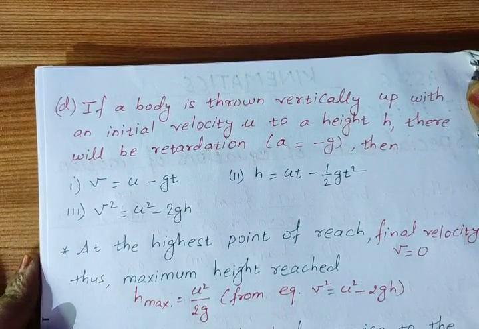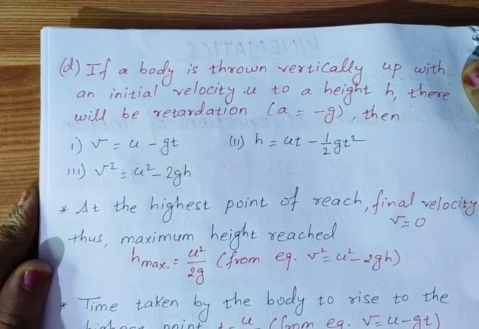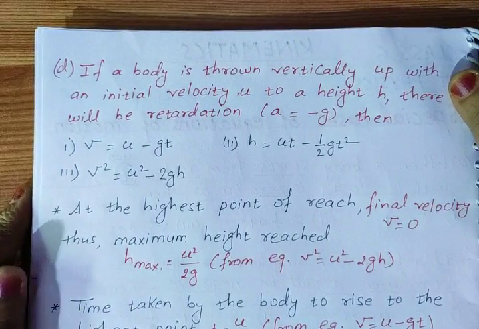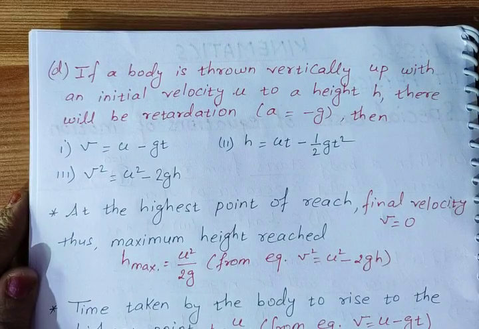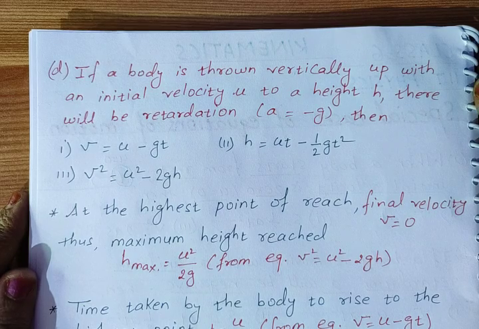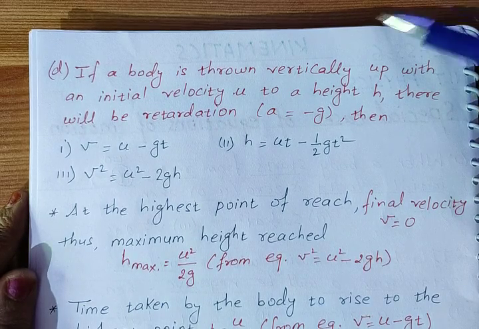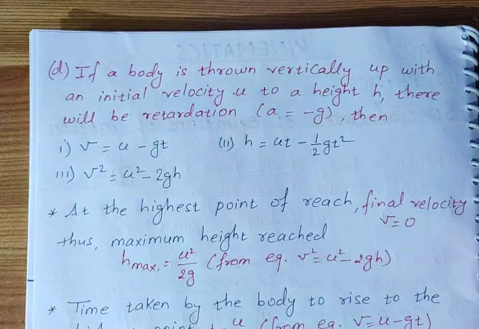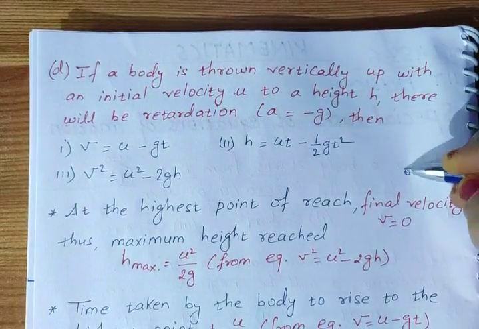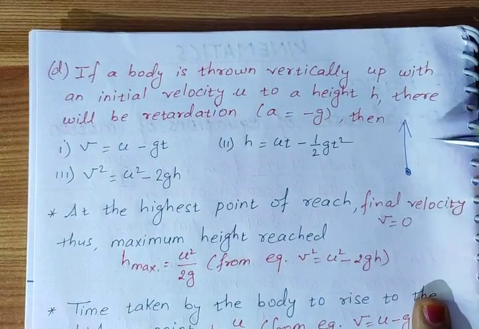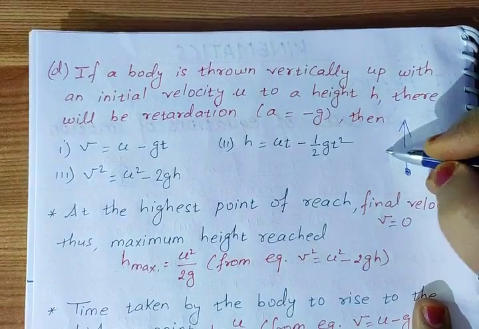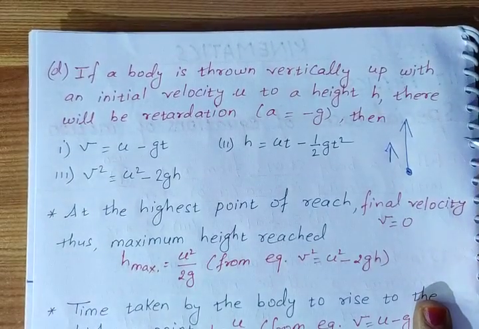Now children, next, fourth case D. If a body is thrown vertically up with an initial velocity u to a height h, there will be a retardation. So if a body is thrown up vertically, the body is going up.